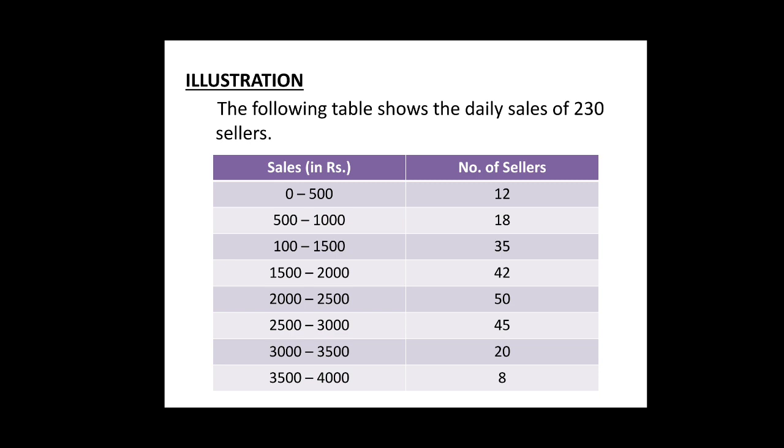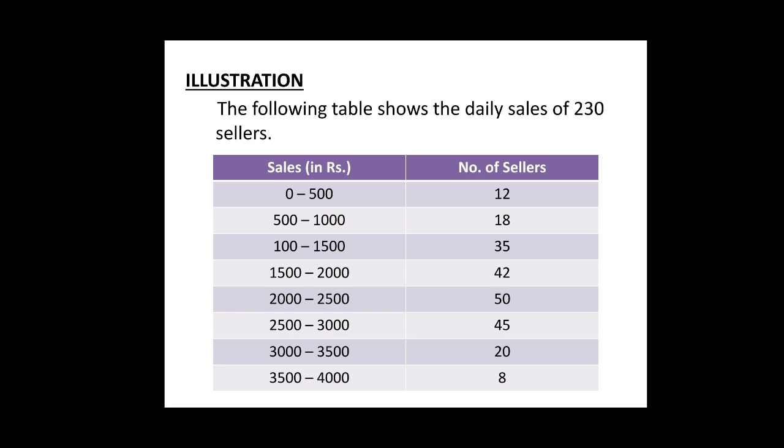Let us consider an example here to illustrate it in a better way. The table here gives the data relating to the daily sales of 230 sellers, and we need to represent this data with the help of a less than cumulative frequency curve. How do we do it?